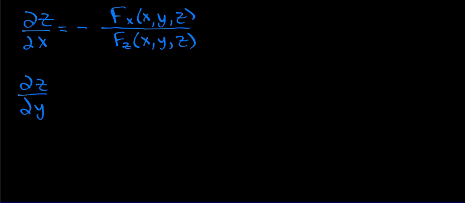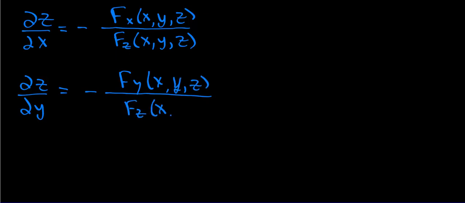And we could do partial z with respect to y, and that would be negative partial y of F(x,y,z) over partial z of F(x,y,z). Of course, it goes without saying that partial z can't be equal to 0. We can't divide by 0.